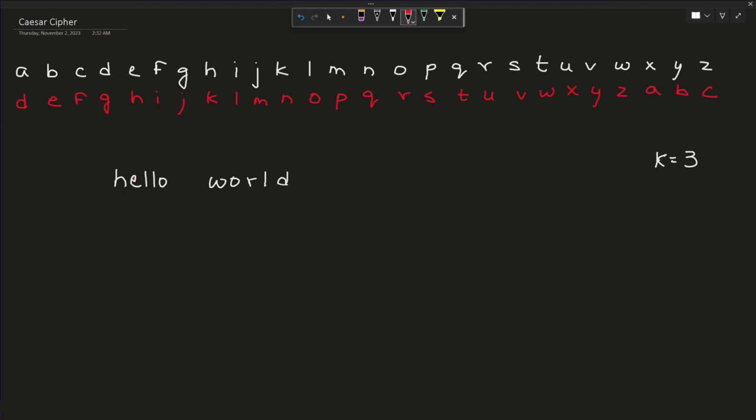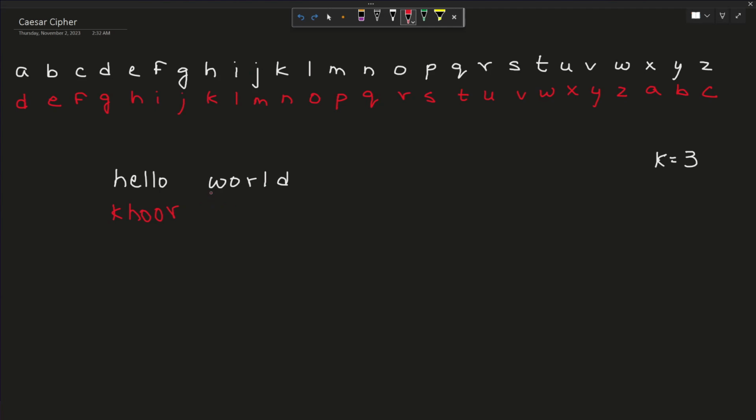Look at H. We can see H corresponds with K. And because our key is 3, why do we know it's equal to K? Because I is 1, J is 2, and K is 3. So H is equal to K, and we will replace H with K. Then E would be replaced with H. L would be replaced with O, again L, so O, and finally O would be replaced with R.